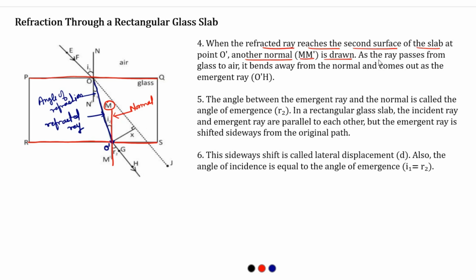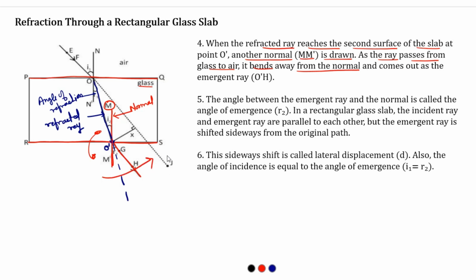Now see, as the ray passes from glass to air. The ray was inside the glass. Now it is going to come out. So now the ray will pass from glass to outside, air. It bends away from the normal. See here, it was coming like this straight. So instead of going straight, it is going away. See this light, it is going away. This is the normal and it is going away from the normal.